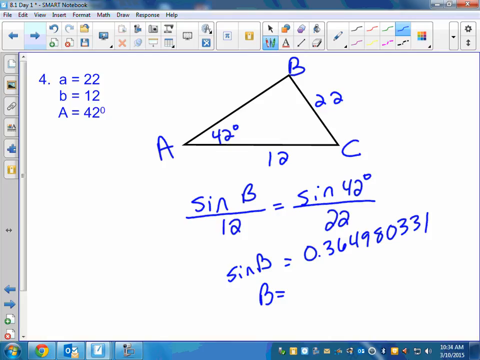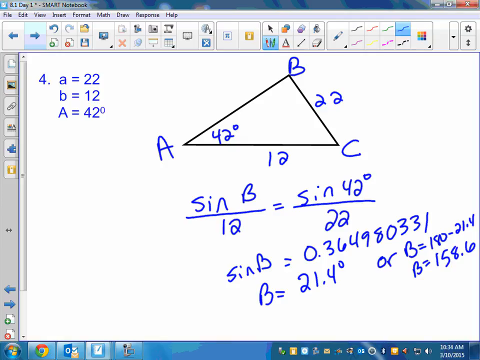And I got 21.4 degrees. Did you get 21.4 degrees? Because it's angle side side, you should always check for the other option. The other option is always going to be in quadrant 2 for sine, which means it's always going to be 180 minus that. If I take 180 minus that, I get the other possible angle is 158.6.